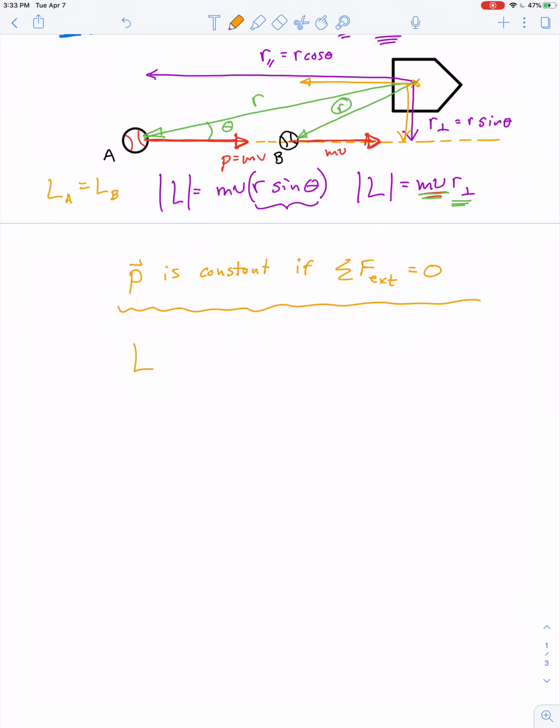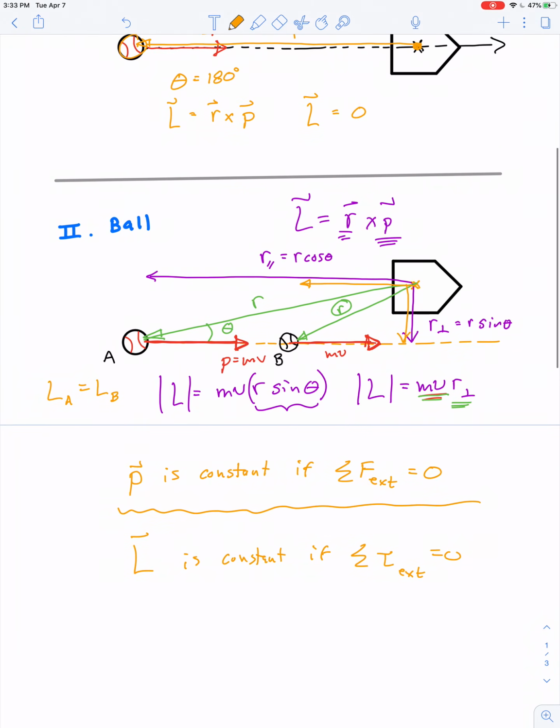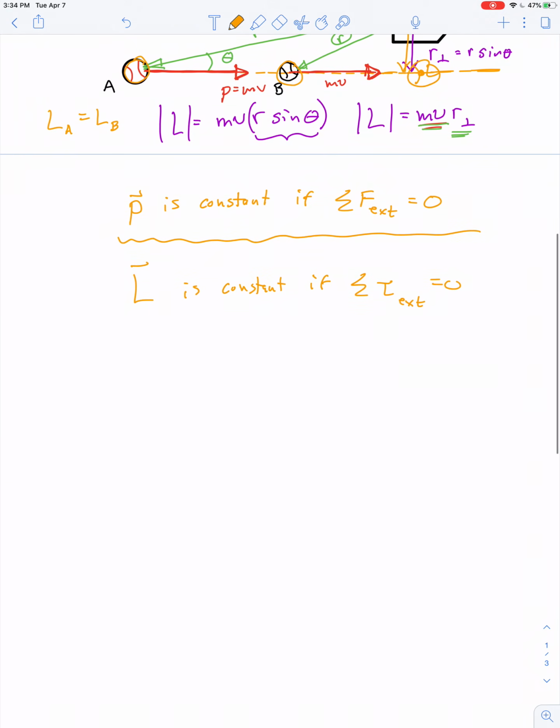Well, in the same way, angular momentum is constant if there's no external torque. And there's no external torque acting on a baseball that flies through the air, so as it follows a straight line path, its angular momentum at point A, its angular momentum at point B, and even its angular momentum here at point C are all of the same value. And that value is m v r perpendicular.